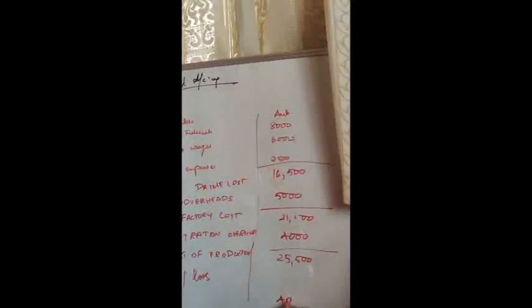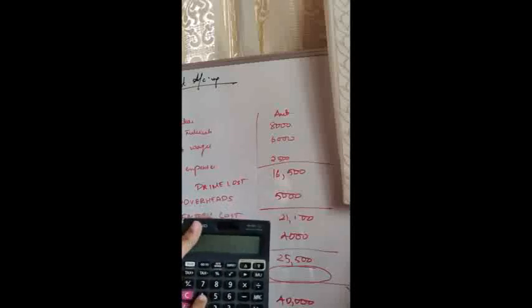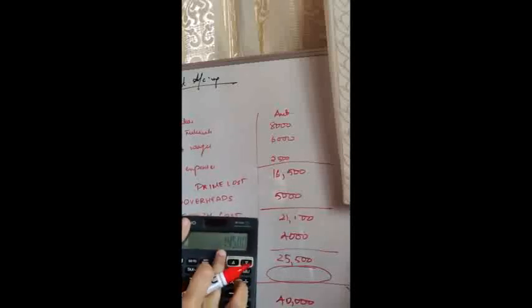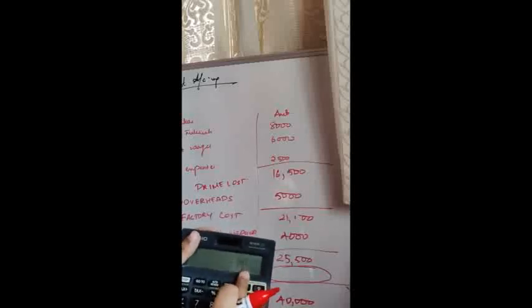Okay. Now, how much is sales? Sales is rupees 40,000. So, take 40,000 here and find out your balancing figure. Now, how do you find out your balancing figure? That is 40,000 minus 25,500, that is 14,500. It is your profit. Why?